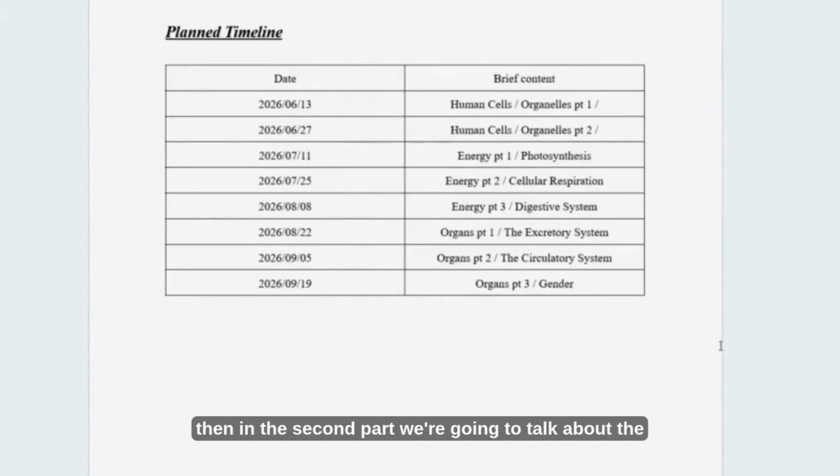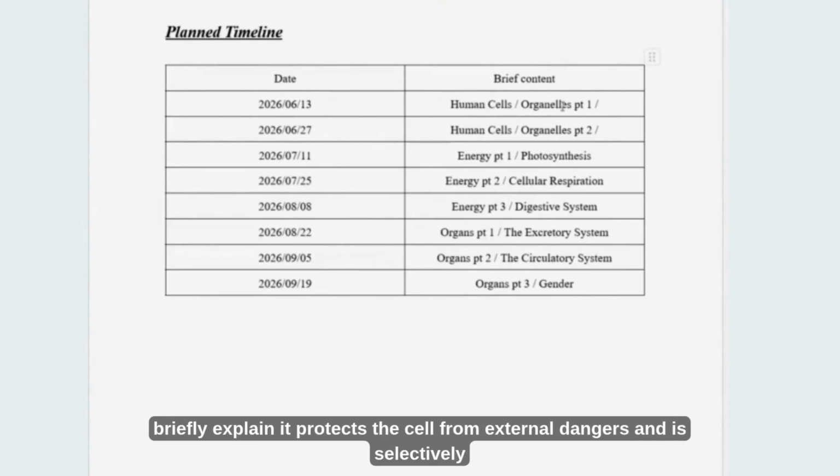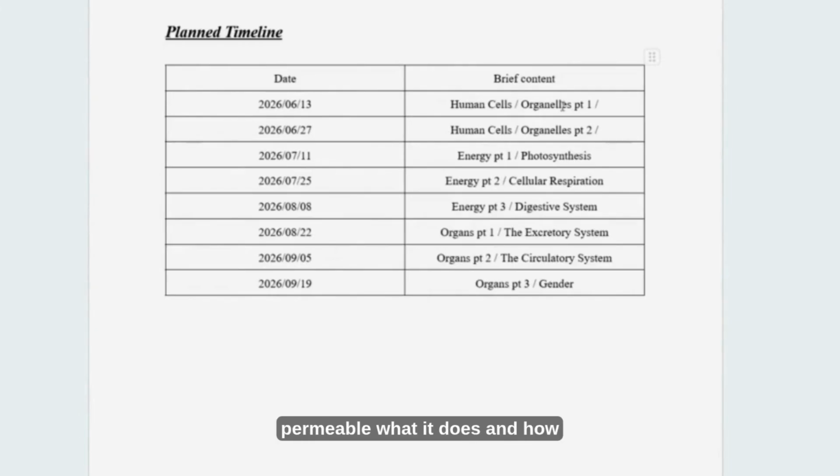In the second part, we're going to talk about the cell membrane and the ribosome. The cell membrane, to briefly explain, protects the cell from external dangers and is selectively permeable. What it does and how it can be selectively permeable, I will explain in the second video.